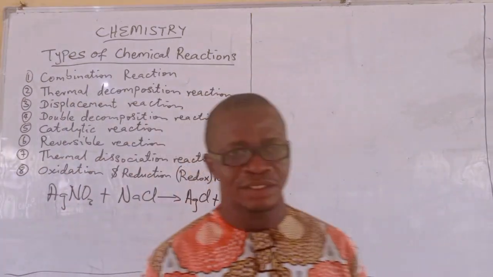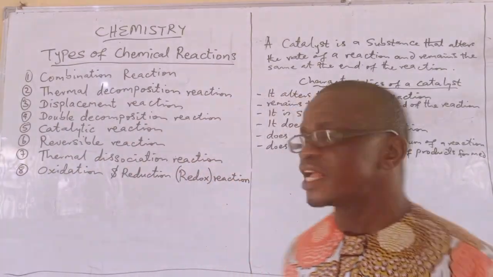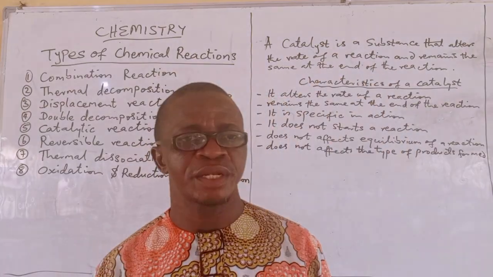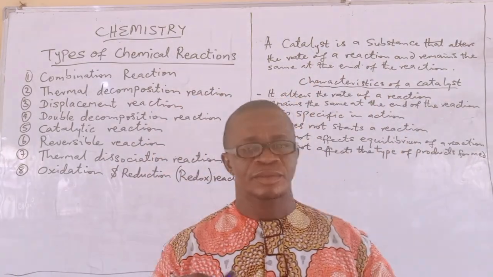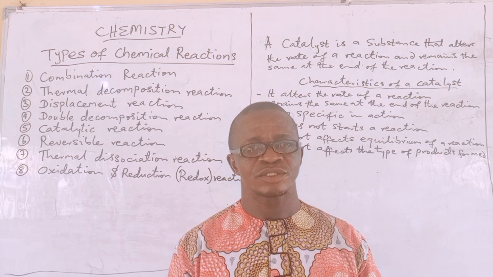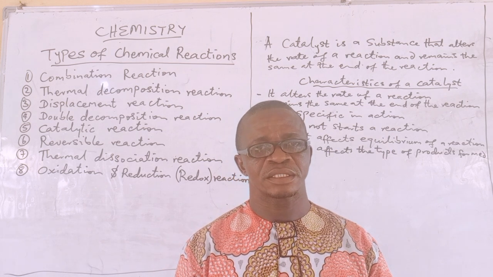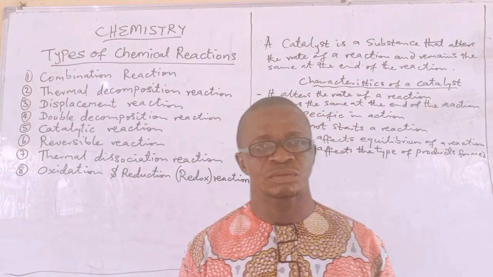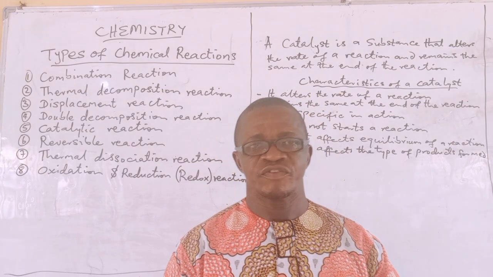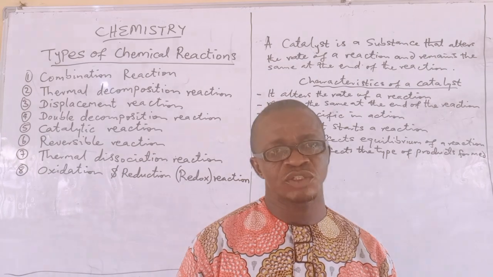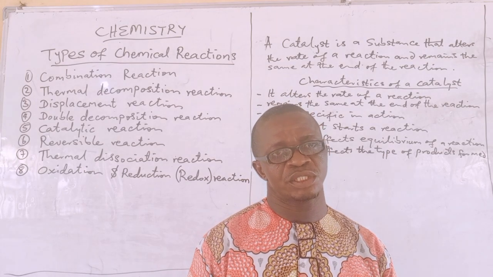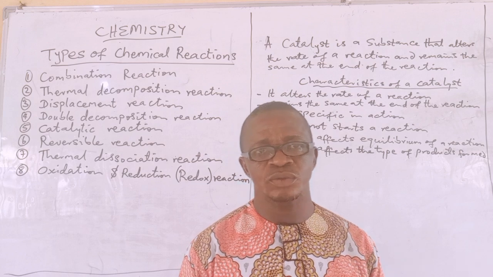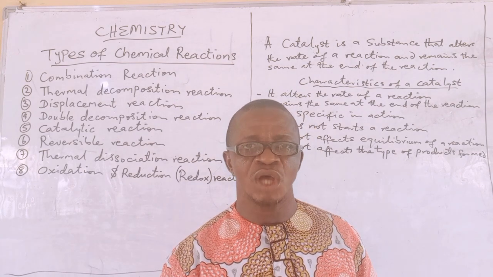Note it. Next is catalytic reaction. What do we mean by catalytic reaction? The catalytic reaction has to do with a reaction where you use something to push the reaction. If the reaction is very fast, you can use a substance to reduce it. If the reaction is very slow, you can use a substance to speed it up.